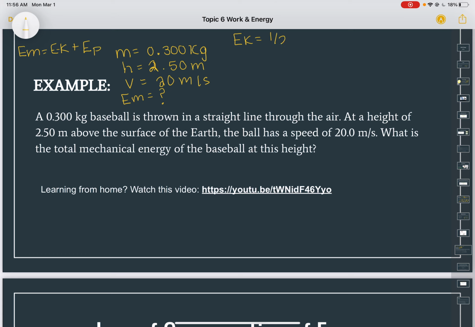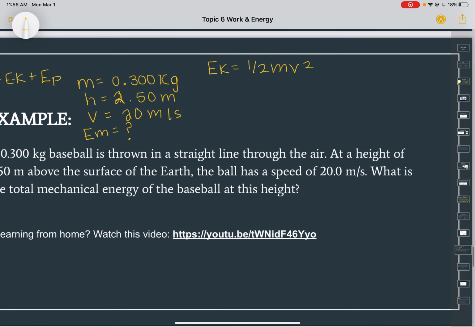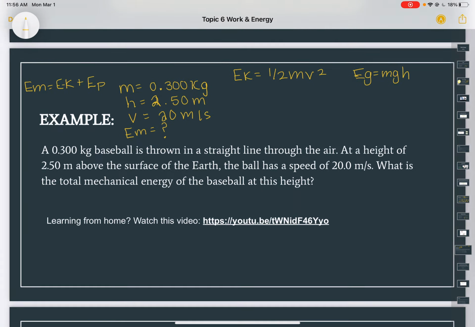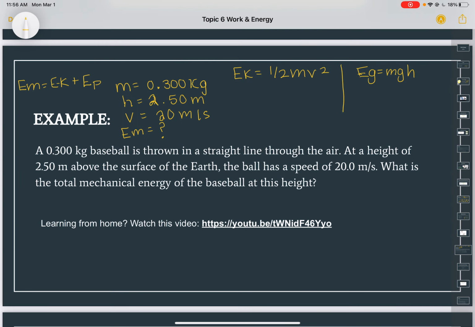That's 1/2 mv squared. And we've got an m and a v there, so we can actually figure that out. We also have the information to figure out our potential energy, or EG. That's mgh. So we've got a mass, we've got a height, and we always know what gravity is, so we can actually figure both of those out.